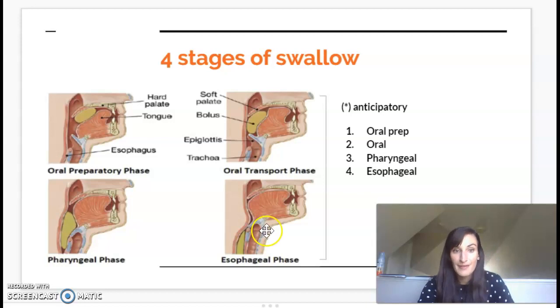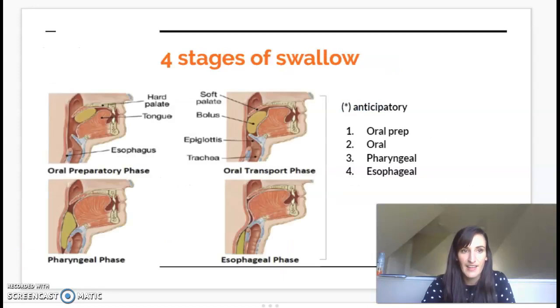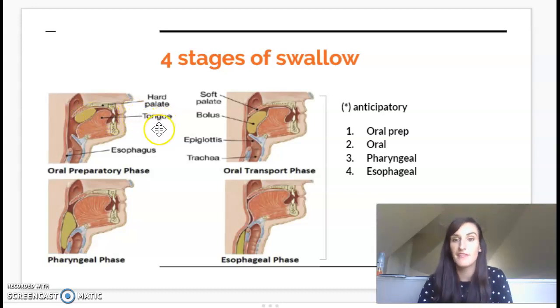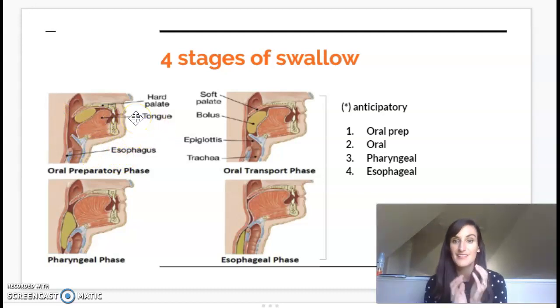So the oral prep, well, we'll move into it here. Okay, actually back up. So you're looking at the little yellow ball, which is your bolus of food. So that's after you have taken the bite of your peanut butter and jelly sandwich. It's in that prep stage. You've bitten it off, you're moving it around in your mouth, it's forming with the saliva, getting to be the right texture.